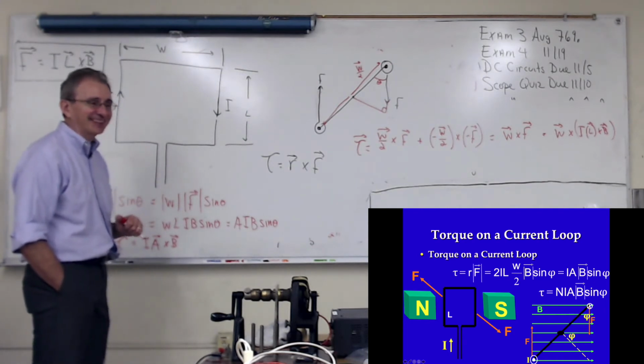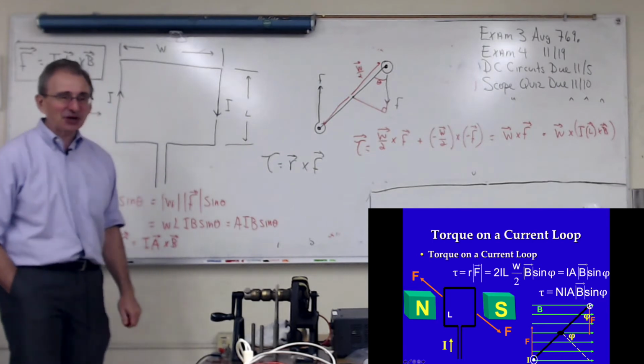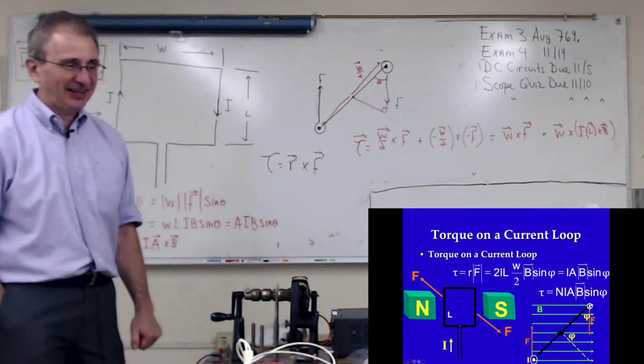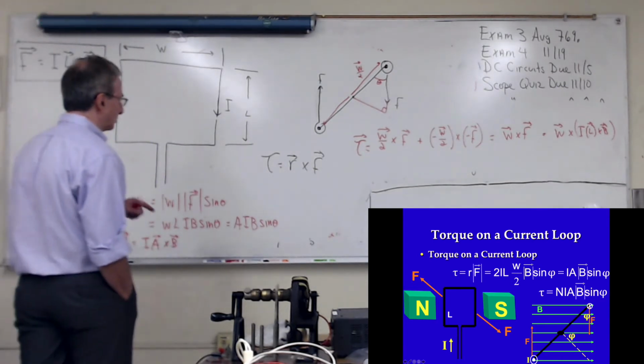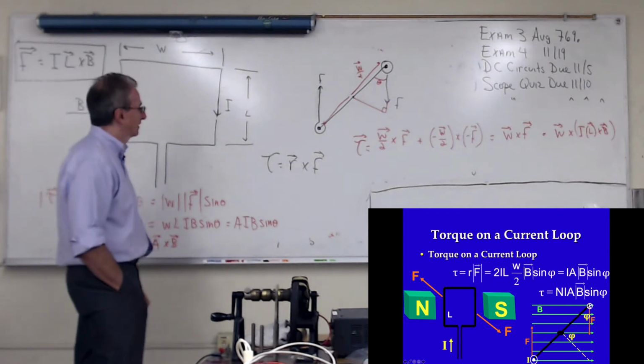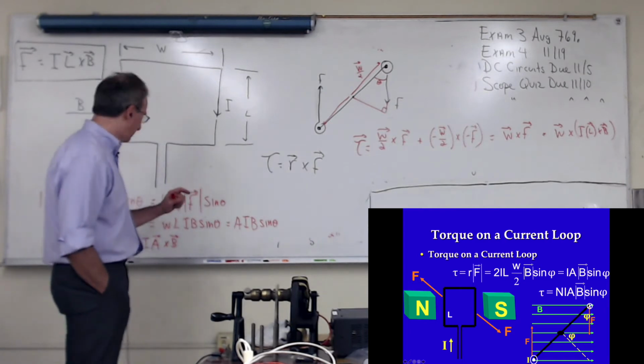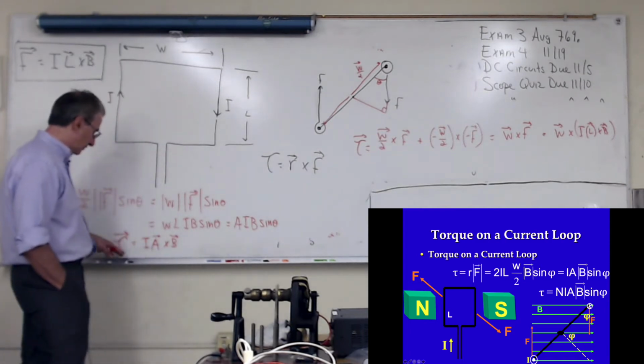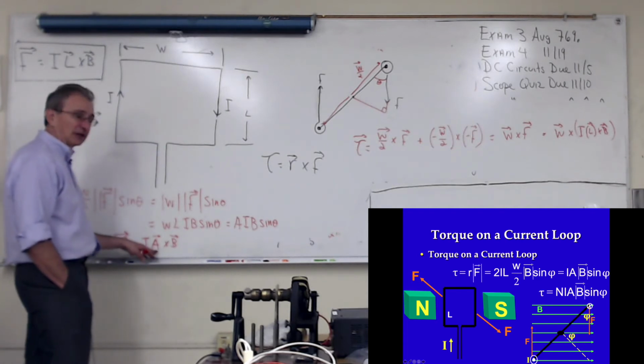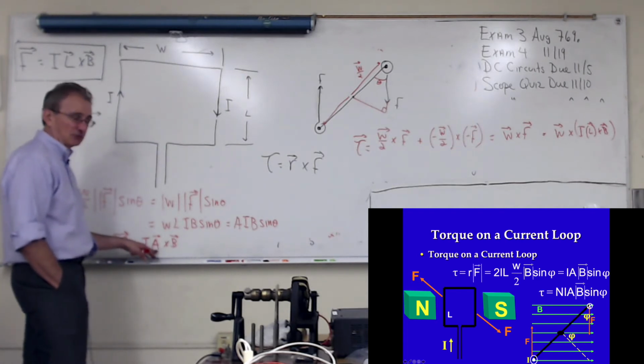Ah, good question. It's an open surface, right? How am I going to define the normal to the loop? That's the question. Well, in order for it to be consistent with the direction of the torque, the normal that you take to the loop is defined by the right-hand rule.